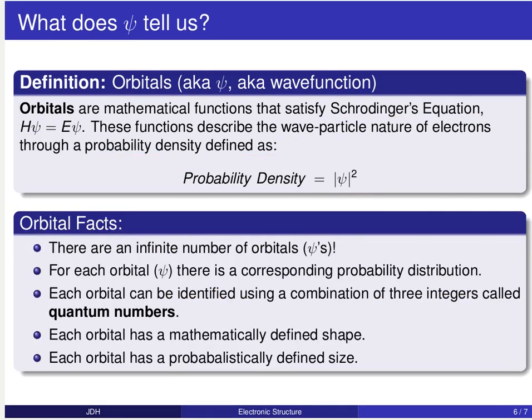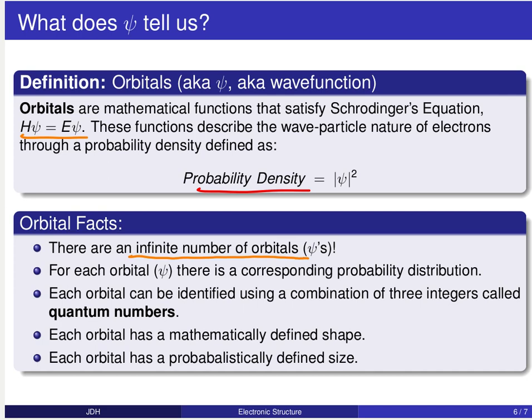All of these wave function descriptions have this probabilistic interpretation. It's relatively abstract, but there are some basic principles that come out, and again, we're just following the mathematics here. So I'm going to ask you to bear with me, and we're going to make some sense of these facts later on. The first fact: when you're looking at the solutions to Schrodinger's equation, it turns out that there's an infinite number of these solutions, an infinite number of orbitals.